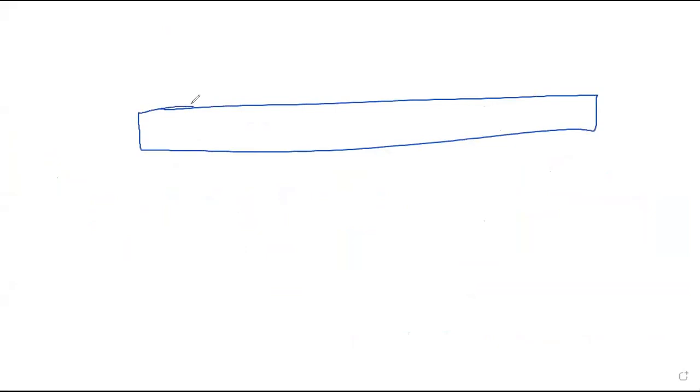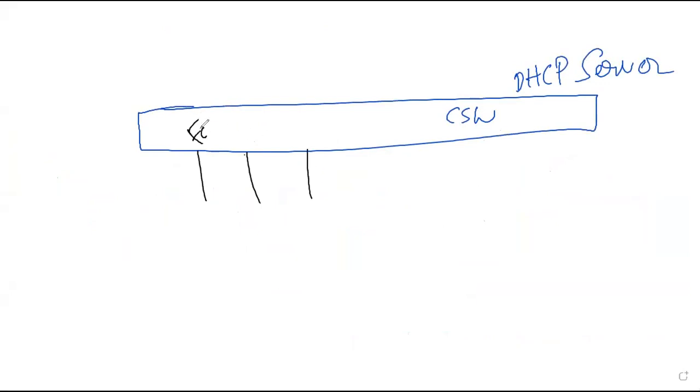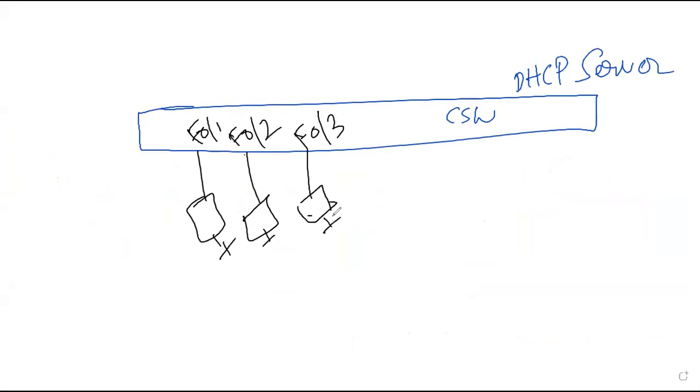So if you look into the design, you have a switch which is acting as a DHCP server. You have a system, port number F0/1, port number F0/2, port number F0/3, which is in VLAN 10.